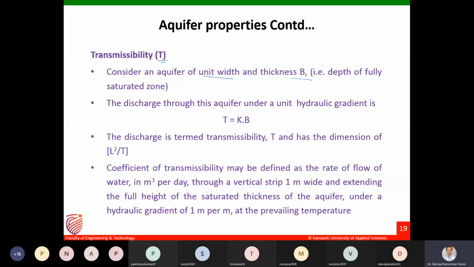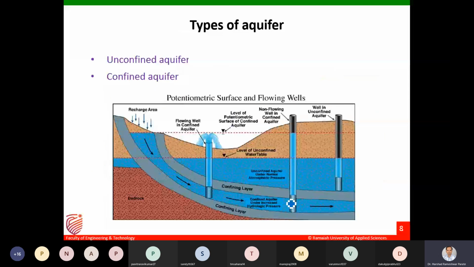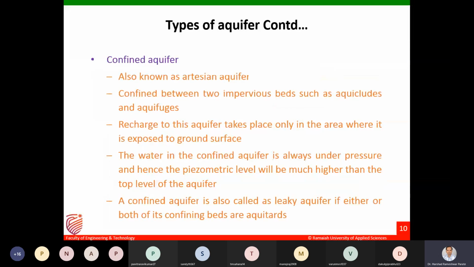If you consider your confined aquifer, from here to here, what is the thickness of your aquifer will be your B. And for unconfined aquifer, normally we consider from the water table level to the bottom impermeable level, that will be my thickness B. That is nothing but the thickness of your saturated zone.